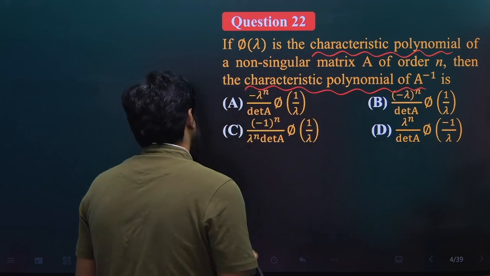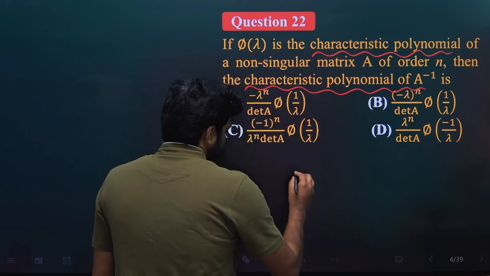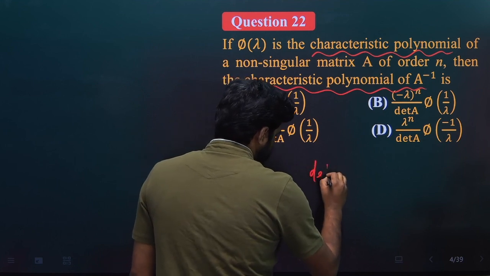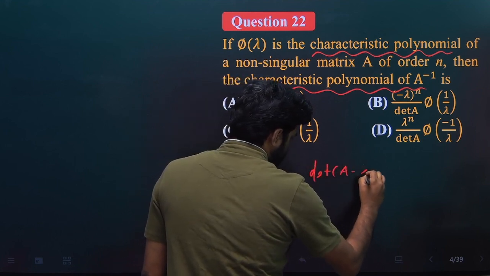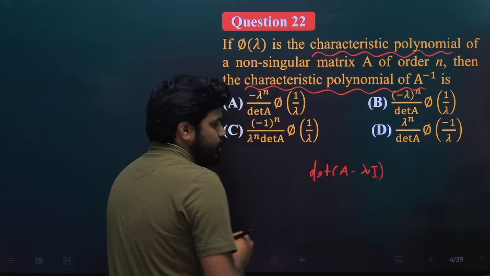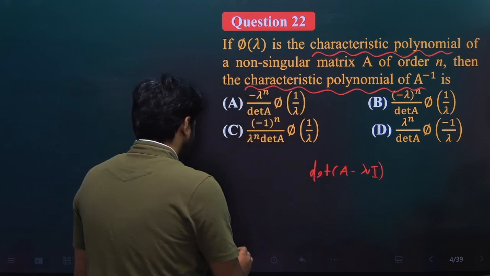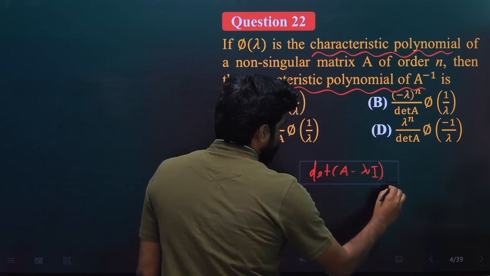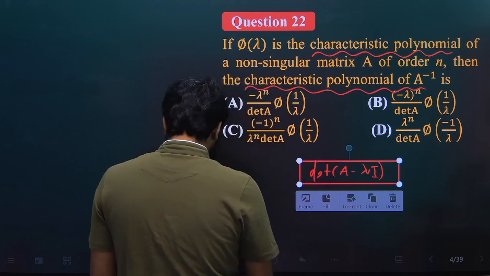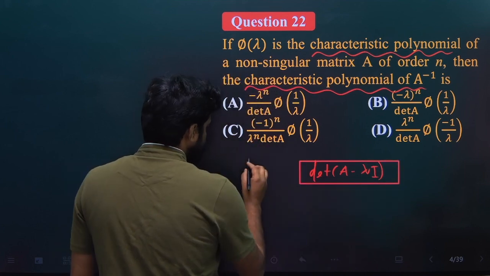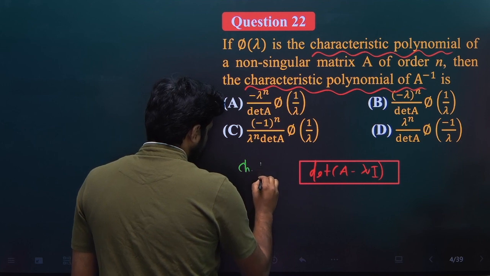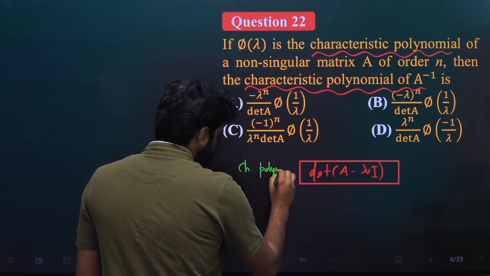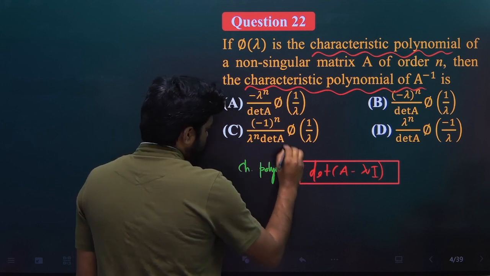Just recall the definition of characteristic polynomial, that is determinant A minus lambda I. So this is called the characteristic polynomial, right?